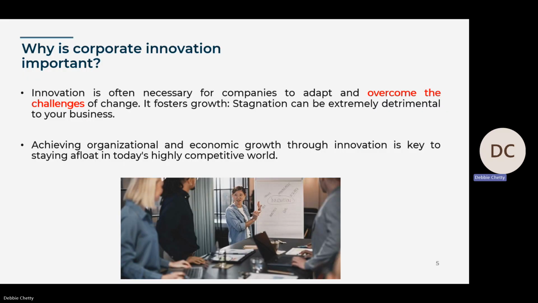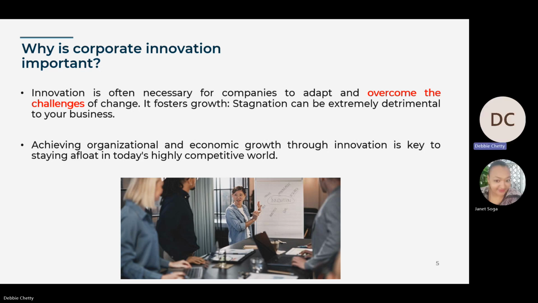So why is corporate innovation important? We know it's needed to come up with new ideas, and that innovation is very important in all corporate settings, but why? Because innovation is often necessary for companies to adapt and overcome the challenges of change. It fosters growth, since stagnation can be extremely detrimental to a business.